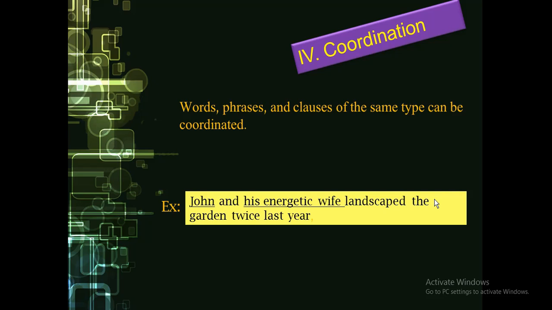John is one person, a man, and his energetic wife is one person, a woman, John's wife. And we can change his energetic wife to a name, for example, John and Elena. Okay, phrases of the same type can be coordinated, but phrases which do not have the same type cannot be coordinated together, for example, by the conjunction and like this, it cannot.